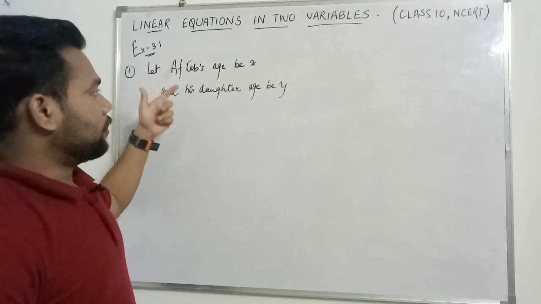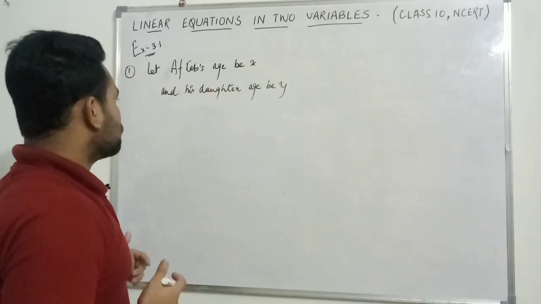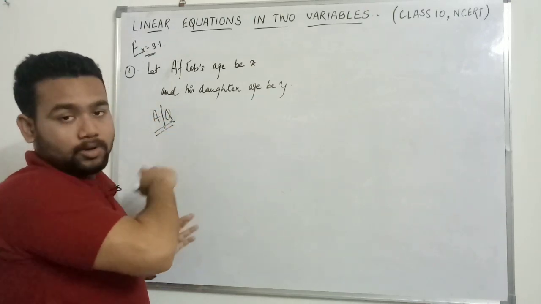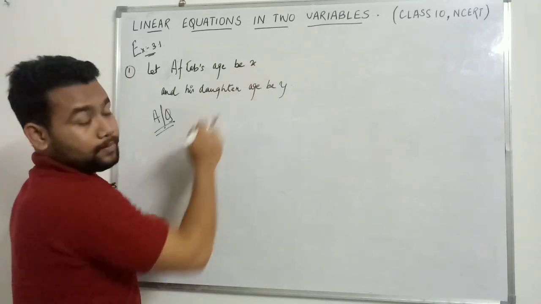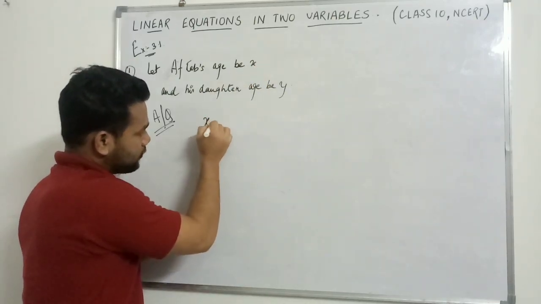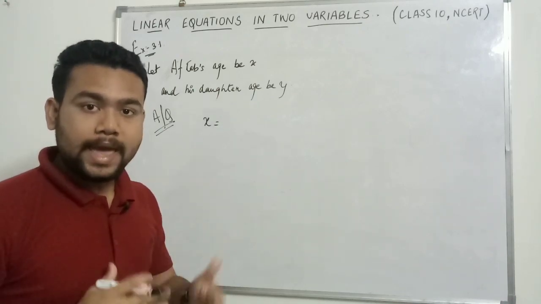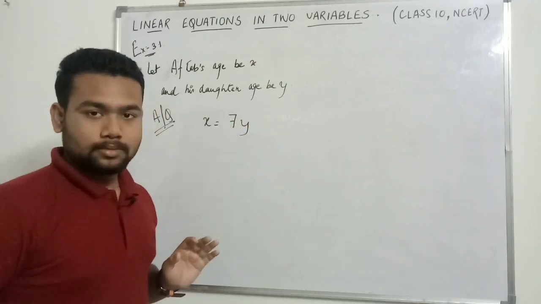We have considered the father's age be x and his daughter's age be y. In the question it has been given that the father's age, x, is 7 times his daughter's age, meaning 7 of y.